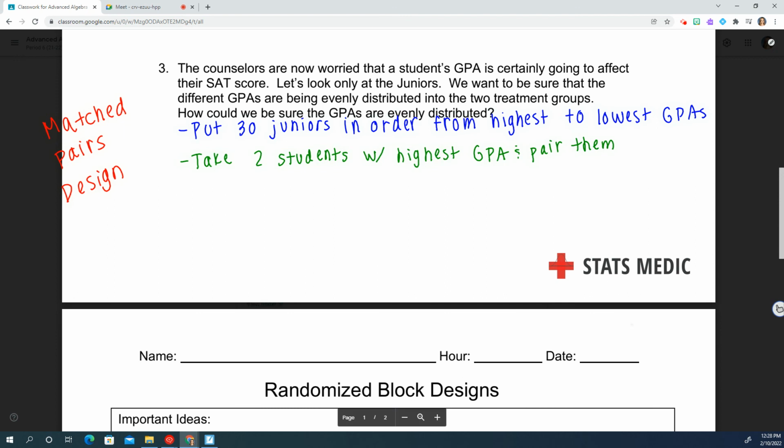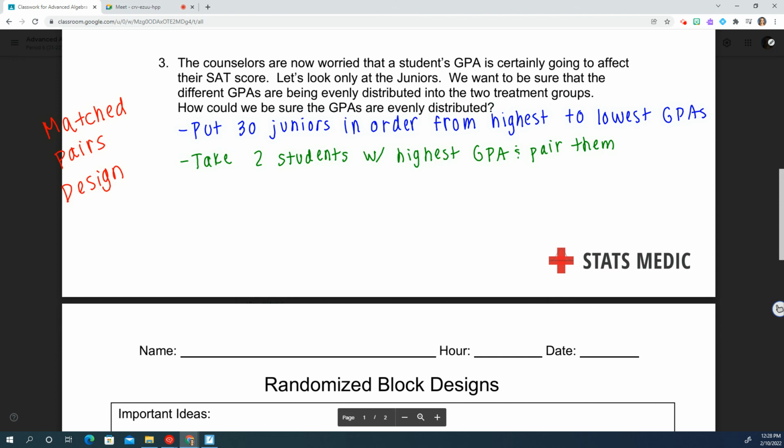And obviously you could do this down your list of 30, match the 2 with the lowest GPA. Okay, that's that matched pairs design. Randomly assign 1 to online and 1 to the teacher.